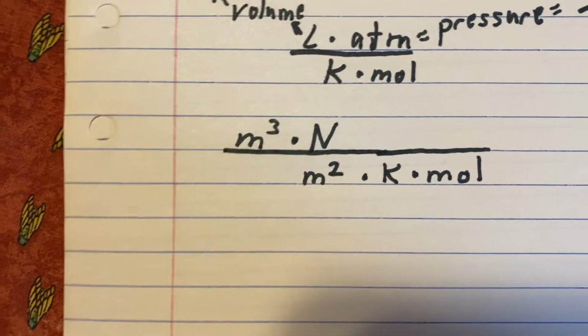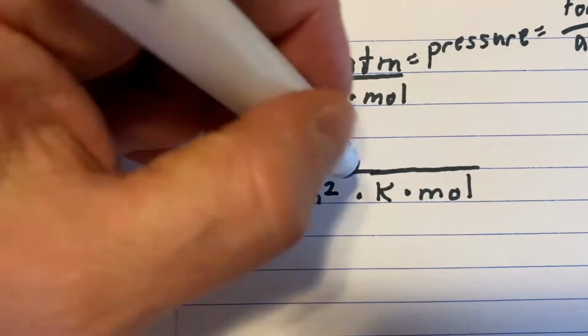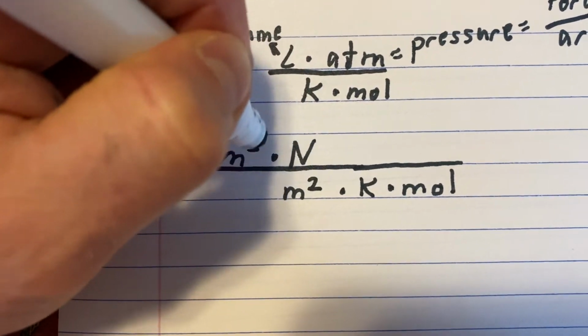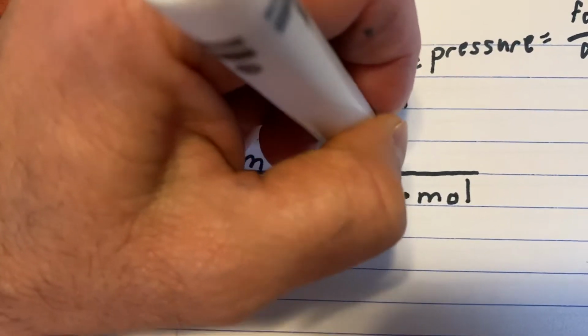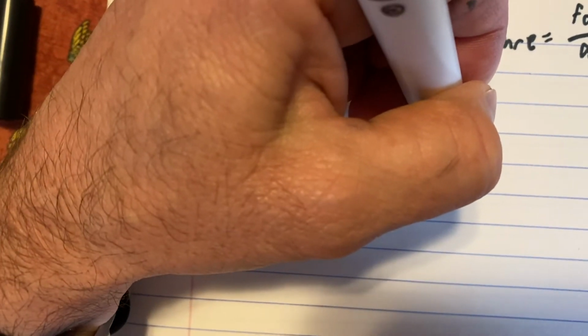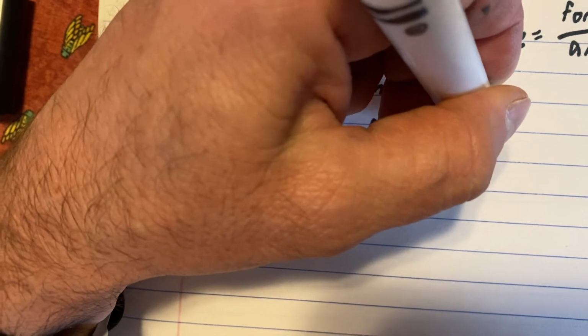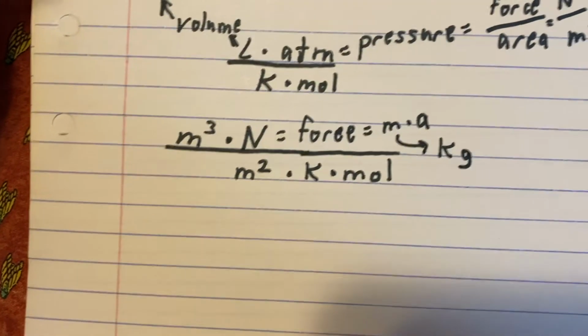All right, so we're almost there, but I don't want to cancel stuff out just yet because I have one more thing. I have this Newton, right? So this Newton is measured in force. And how do we measure force? Force equals mass times acceleration, right? And so we know that mass is in kilograms and acceleration is meters per second squared.